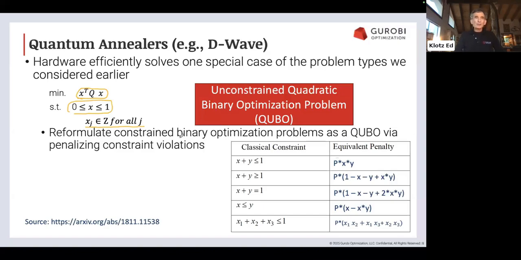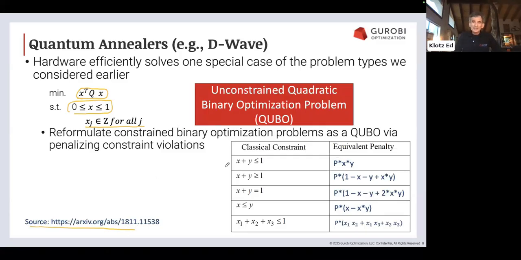Now, you might say, well, that looks like a very obscure problem type that wouldn't be very useful. But it turns out that you can reformulate constrained binary optimization problems as this QUBO problem type via penalizing constraint violations. So the paper here in this link illustrates how to do this.